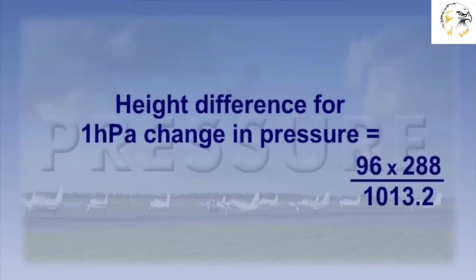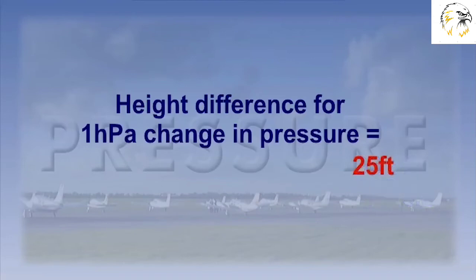If we now insert a reduced temperature of 260 degrees Kelvin, as opposed to 288, then a change in 1 hectopascal now represents only 25 feet, not 27 feet, just as expected. Again, we can confirm that cold air increases the pressure lapse rate. The implication of this temperature effect on pressure variation is very important in producing accurate pressure information.